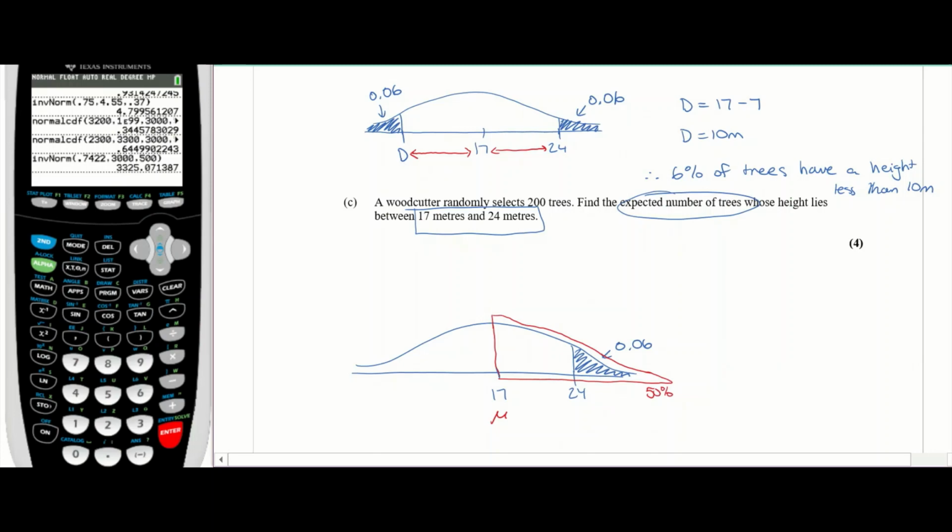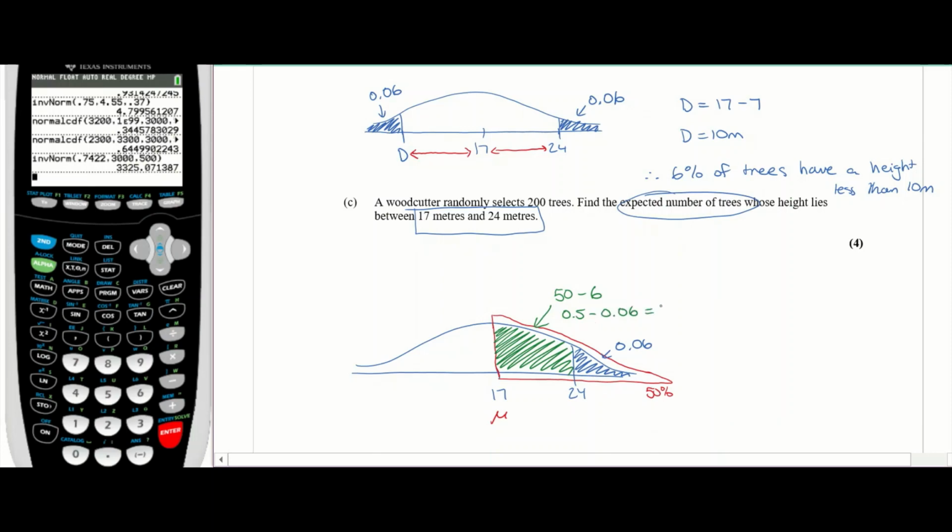So everything above the mean for the rest of the distribution, that area would be 50%. And so if we've already accounted for 6 of that 50%, then what remains must be 50, which is the whole upper half of the distribution, minus the 6%. Or maybe I should express that in decimals, 0.5 minus 0.06.